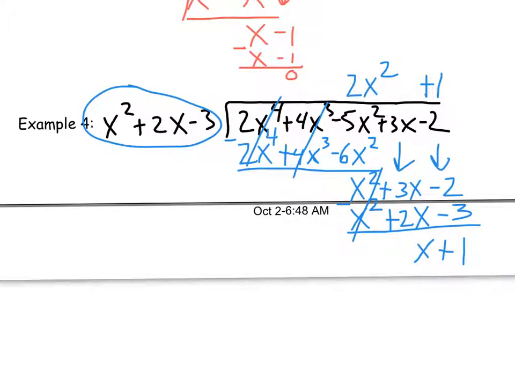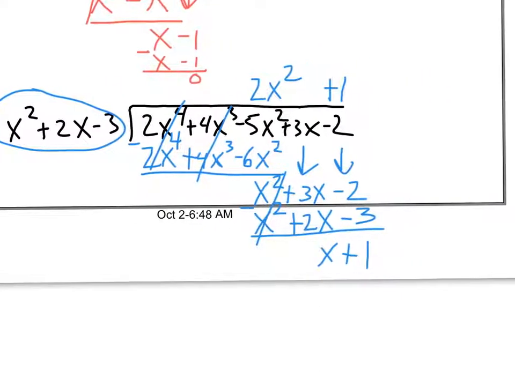Okay? So what do we do with that x plus 1? Well, no worries. That's just our remainder. It's going to be kind of a bigger looking remainder here because I had x plus 1, but remember that's relative to what we divided by, which was x squared plus 2x minus 3.